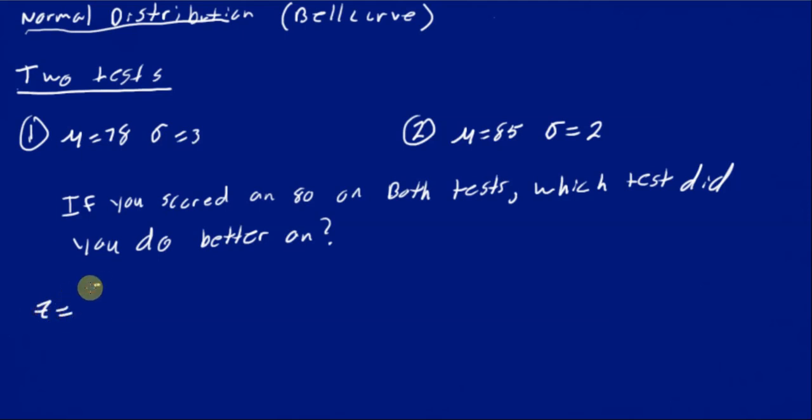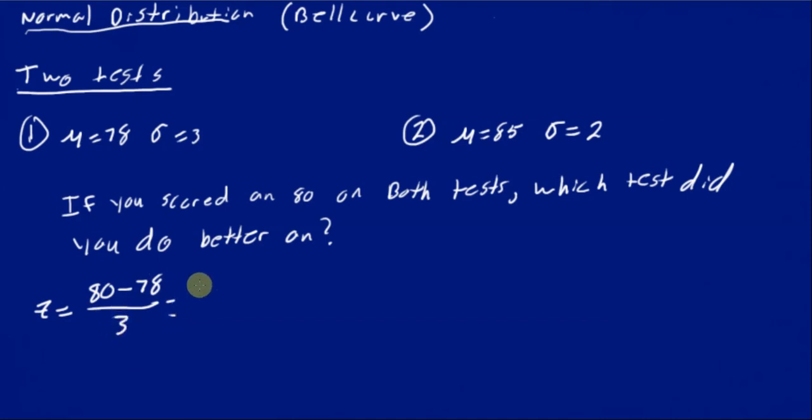Remember, the z-score is the raw score, that's an 80, minus your mean of 78, divided by the standard deviation. Well, that's not a 2, that's a 3. Well, let's just erase that. That looks horrible. Divided by, of course, your standard deviation.